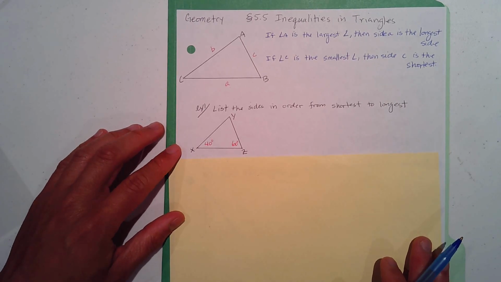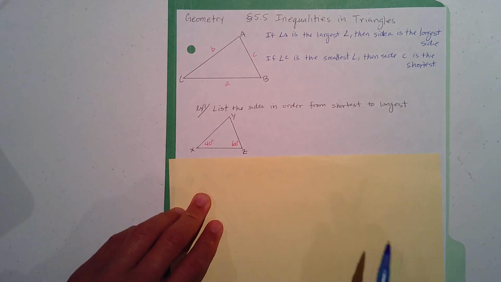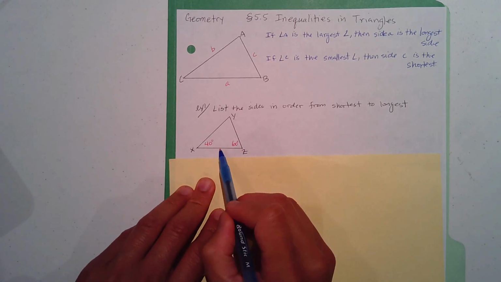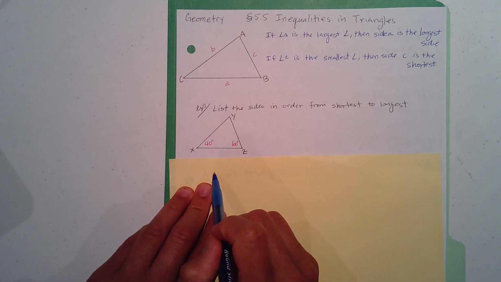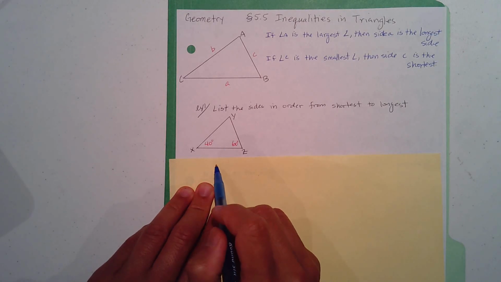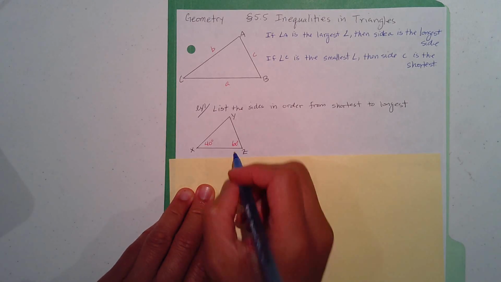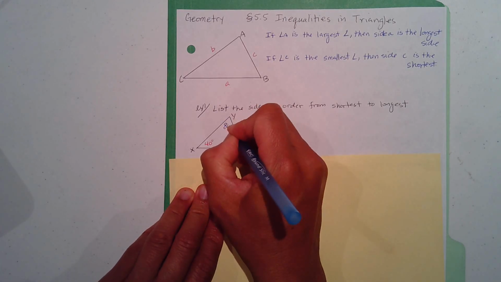Example 1, list the sides in order from shortest to longest. Well, we know that in a triangle, the sum of all the angles is equal to 180 degrees. So if this is 100, angle Y must be 80.